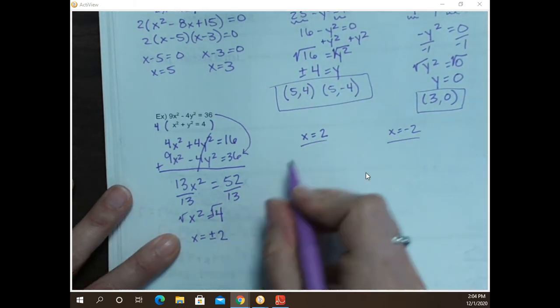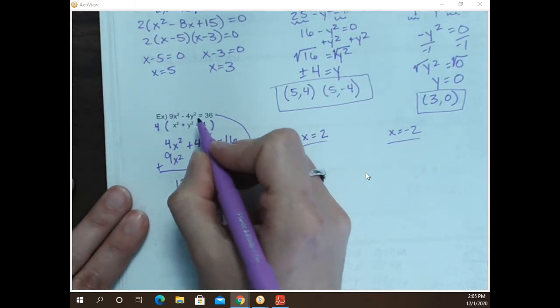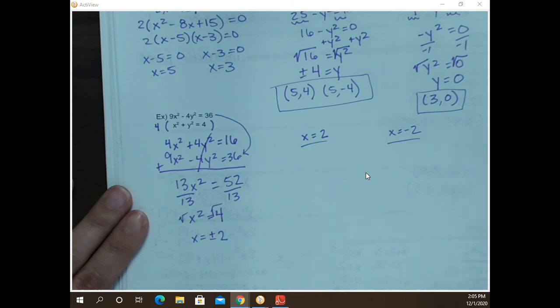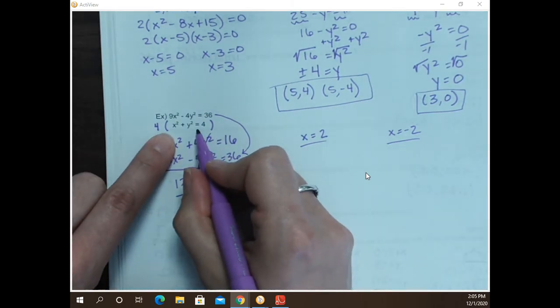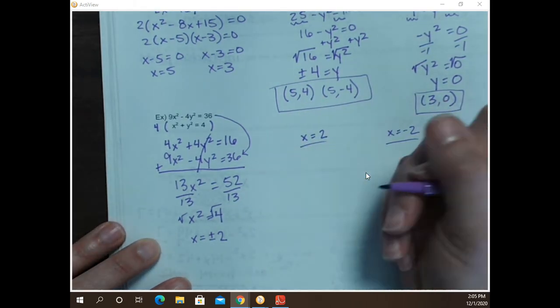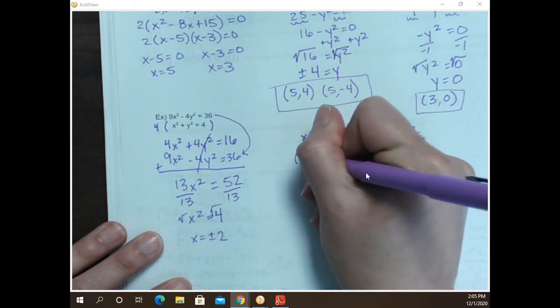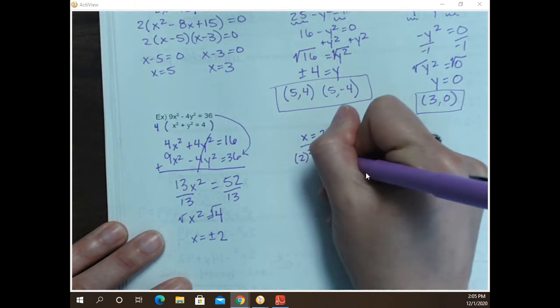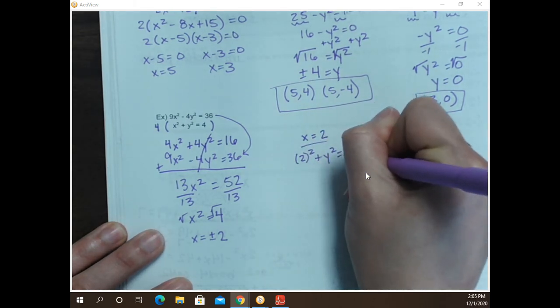I'm going to plug each of those solutions back into one of my original equations to solve for y. Again, I'm going to choose to plug into the bottom equation here. It just seems a little easier to me. If you want to plug into the top equation, you can. So this would be 2 squared plus y squared equals 4.